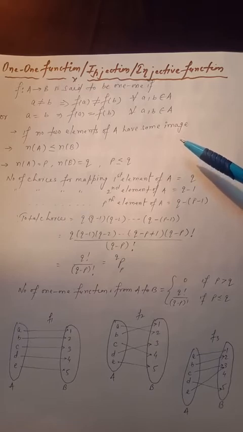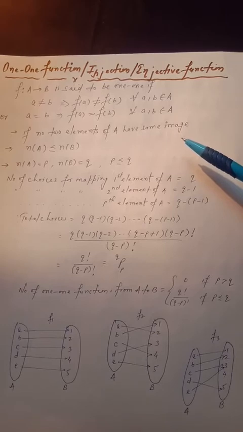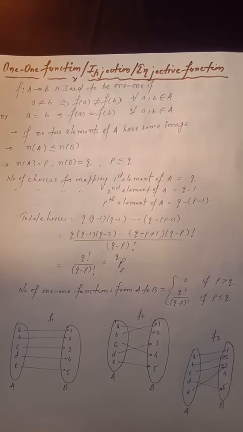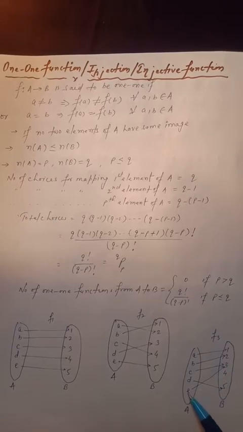Okay, because you can see in the previous example, or you can take this example here. In this case the image of E is 3 and image of C is also 3.